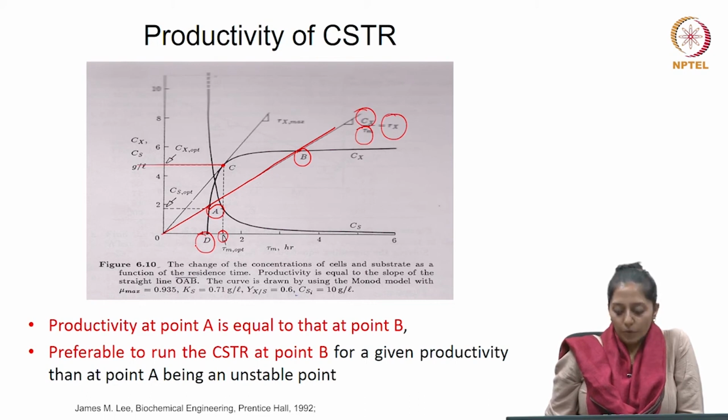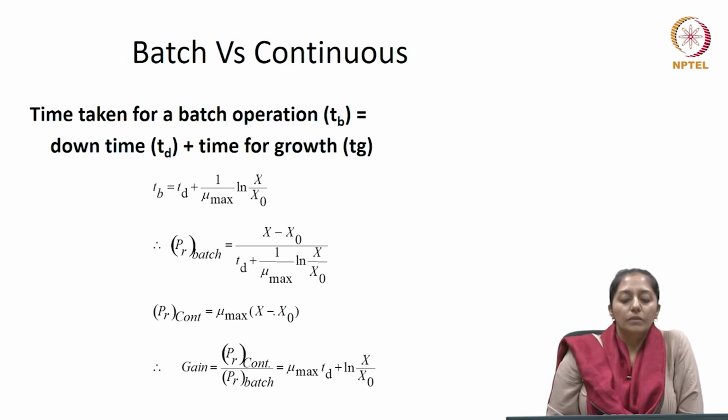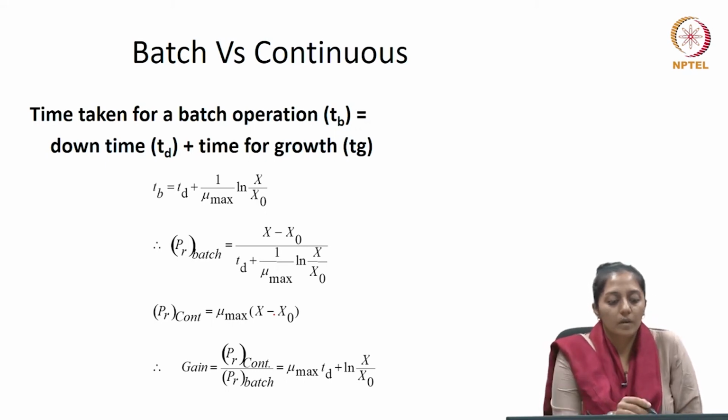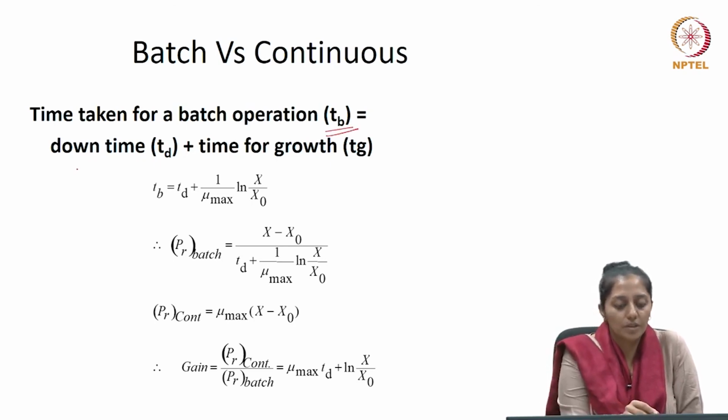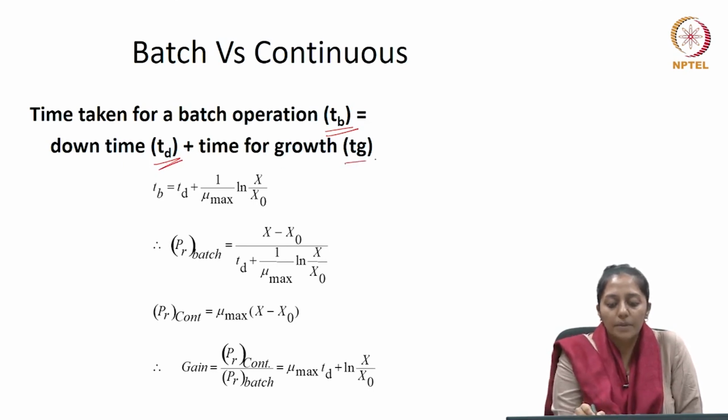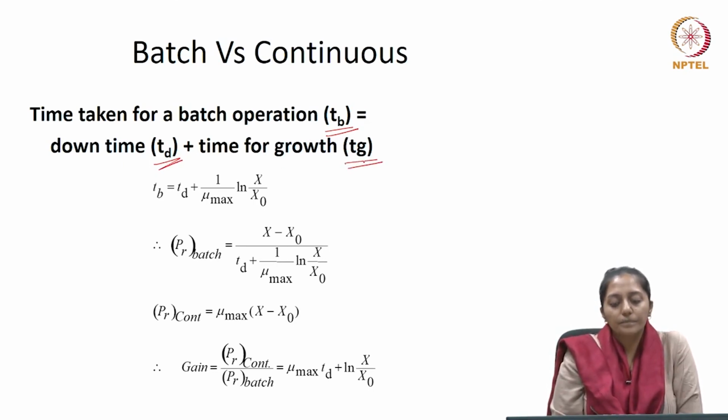So, now let us do a comparison of productivities which we achieve in a batch and continuous. Let us assume that the time taken for the batch operation is represented as TB as shown on the slide, the downtime as TD, and the batch time, or for growth to be more precise, is given as TG.